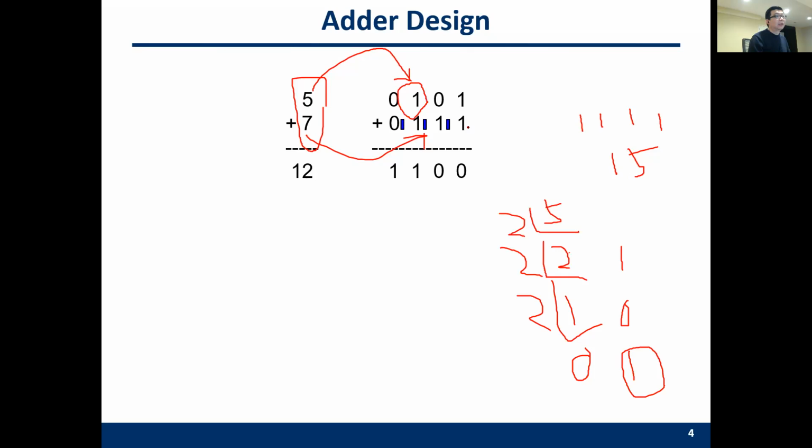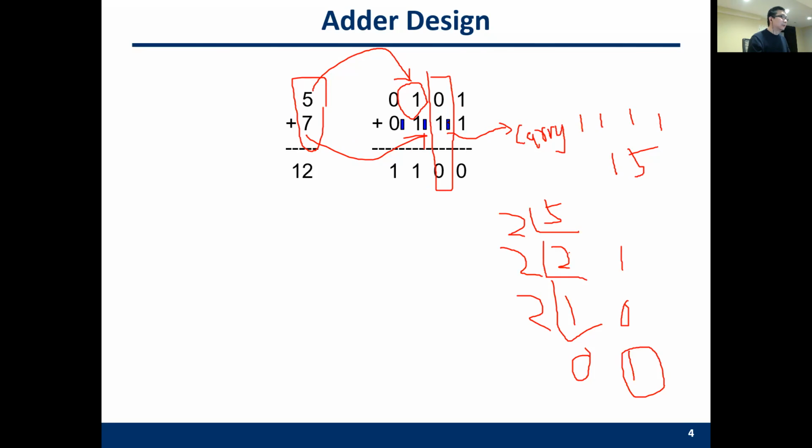And then we can perform the addition. 1 plus 1 is 1, 0. So we have a carry here. This blue symbol indicates the carry. When you calculate the addition for this position, you need to add 0 and 1 and that carry.